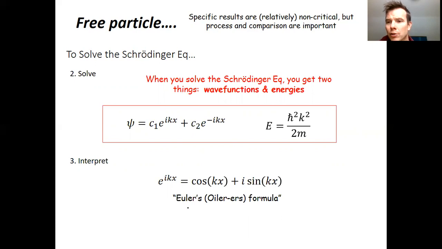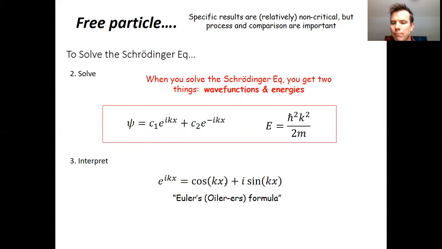Don't ever pronounce it "Eu-ler's." You'll reveal to people that you're a newbie. It's "Oi-ler's." And Euler's formula says e to the ikx is equal to cosine kx plus i sine kx. If you want to prove this is true, you can take a Taylor series expansion of all of these terms and you'll see that it all works out.